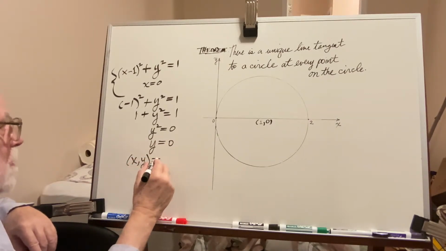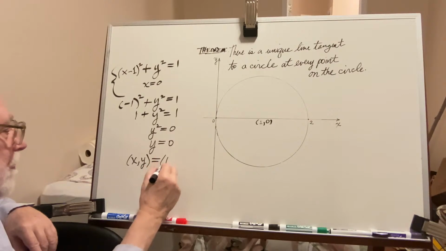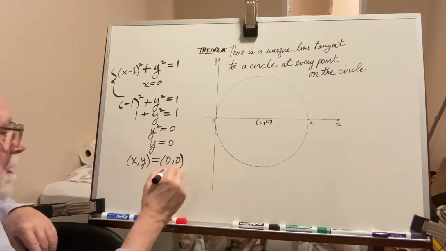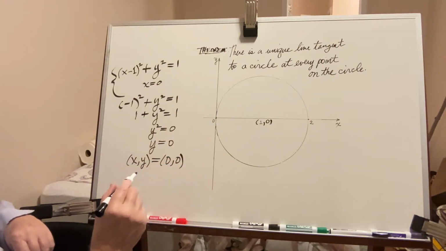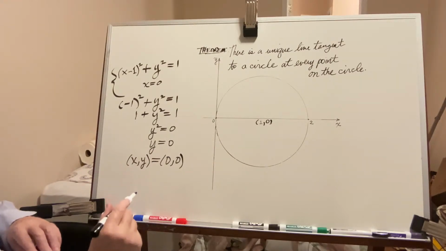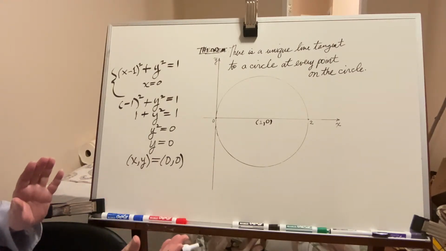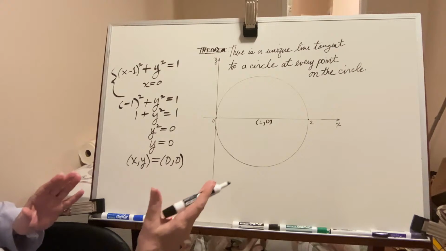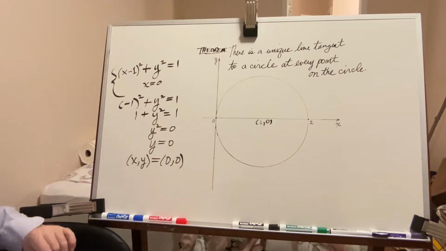And we have the only solution to this system is the point at the origin. So that might be the point of tangency. The y-axis might be tangent to this circle at the origin.